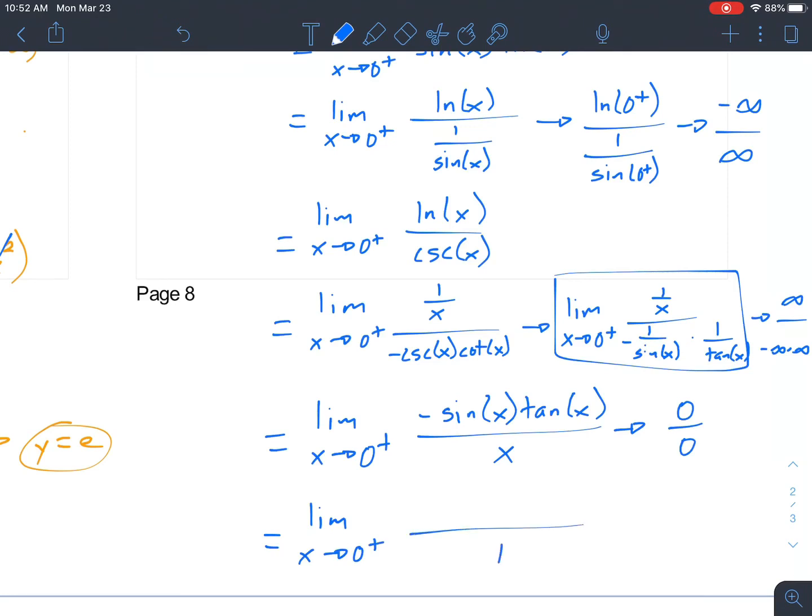But I notice a nice thing. The denominator is going to become 1. Up on the top, let's factor out that negative. And then we're going to have to do product rule. F prime g is going to be cosine of x, tangent of x. And then the second part, we're going to get secant squared times sine.